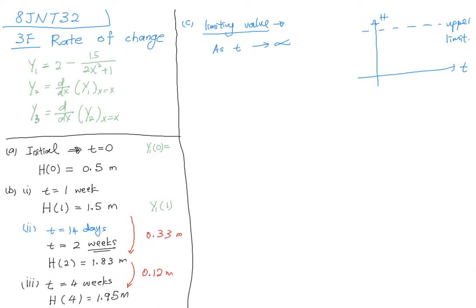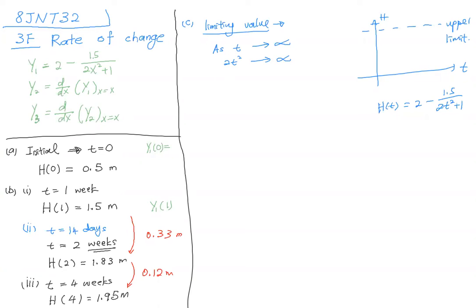I have to look at my height equation: H(t) equals 2 take away 1.5 over 2t squared plus 1. Which one must I talk about? 2t squared will approach infinity.